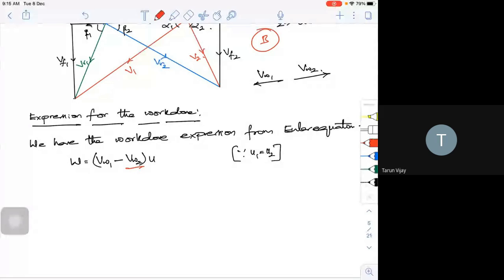So this expression will automatically become VW1 minus of minus VW2, into U, because minus VW2 is in the opposite direction. So you have to consider this, and you call this equation number 1.